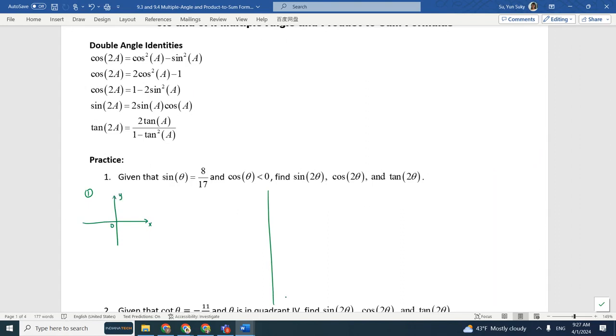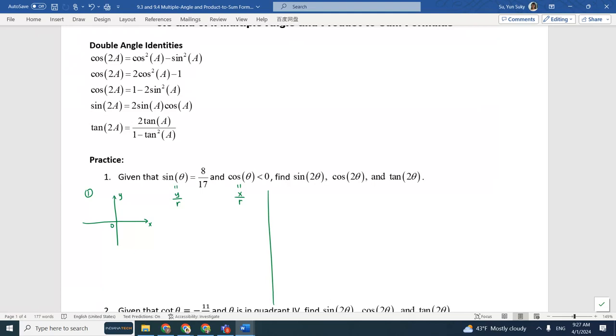And what is sine theta in terms of x, y, r? Y over r. And what is cosine theta in terms of x, y, r? X over r. Is everybody okay with that? You see why I said it's so important you be familiar with the formulas, because all the knowledge is built on top of it.